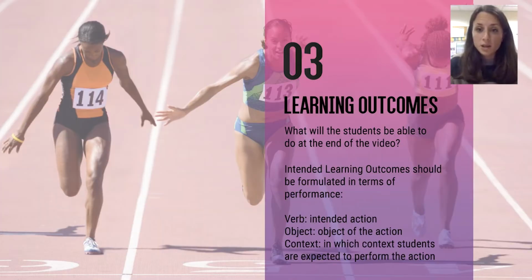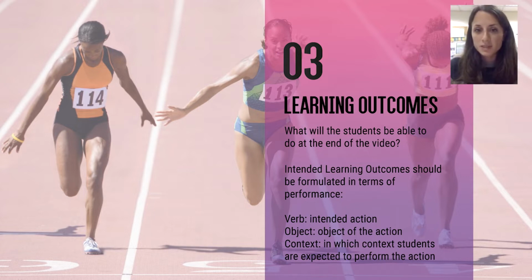But then we need to formulate the learning outcomes. So my users will watch my video, and after having watched my video, they will be able to do something. So I need to identify that, and intended learning outcomes should be formulated in terms of performance.